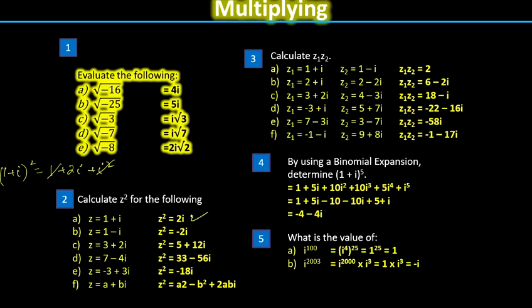You get 2 iota. So I'm leaving this for you and you can solve. For example, a very big power of this. I can rewrite this as the closest multiple of 4, which is 2000, and the remaining is cube. Whenever you have a power that is a multiple of 4, you always get 1 into iota cube, and iota cube is minus iota.